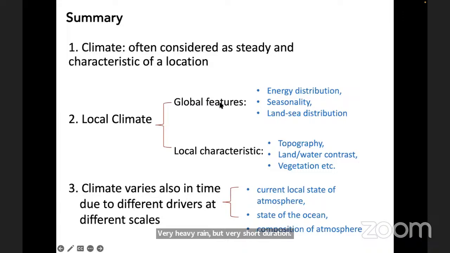But when there are convergence areas like at the ITCZ, they cover a wider area and the rainfall lasts longer. While convective rains, this local bubbling up, can be short-lived but heavy rainfall, if that's the question.